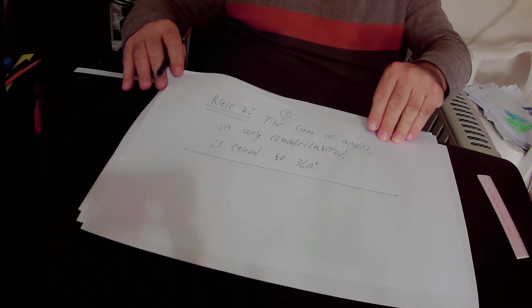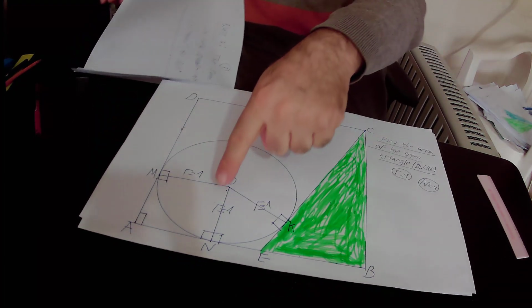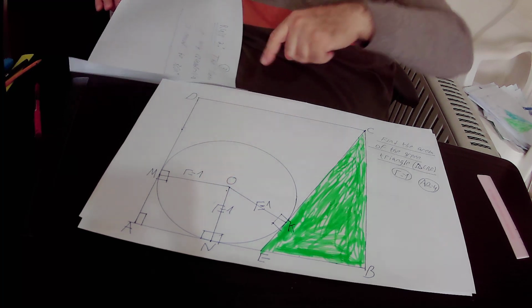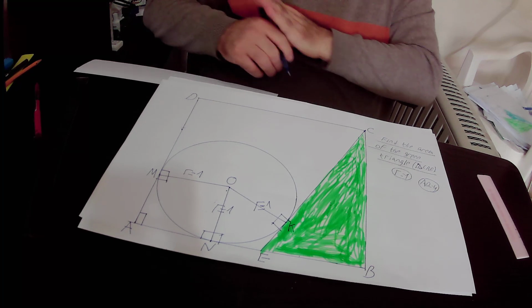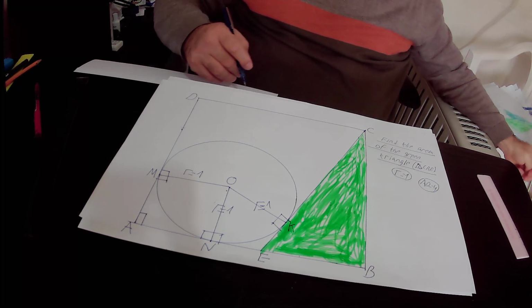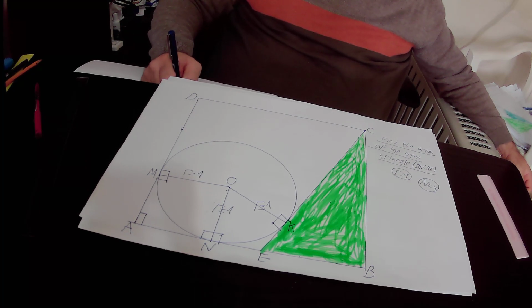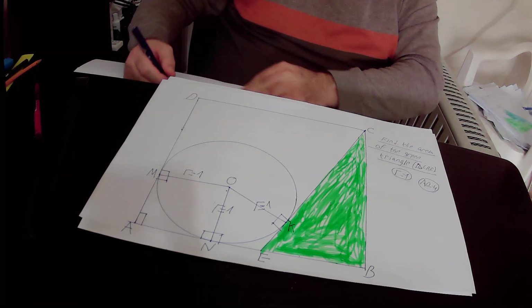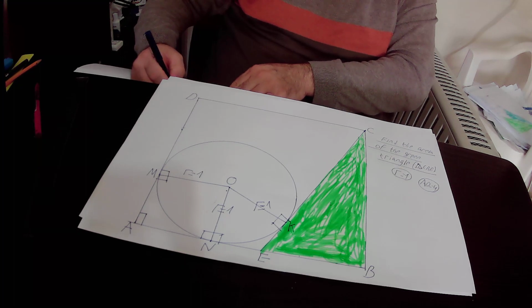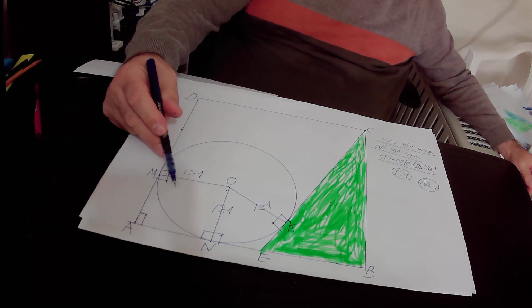So, we'll focus on quadrilateral MOAN. And we know that the sum of the angles in quadrilateral MOAN is equal to 360 degrees according to rule number 2. So, which angles do we have in quadrilateral MOAN?